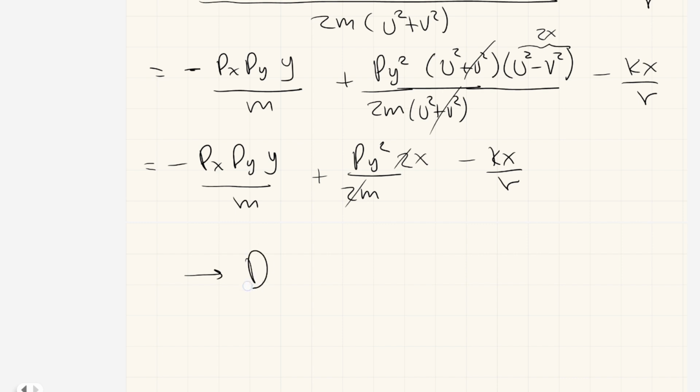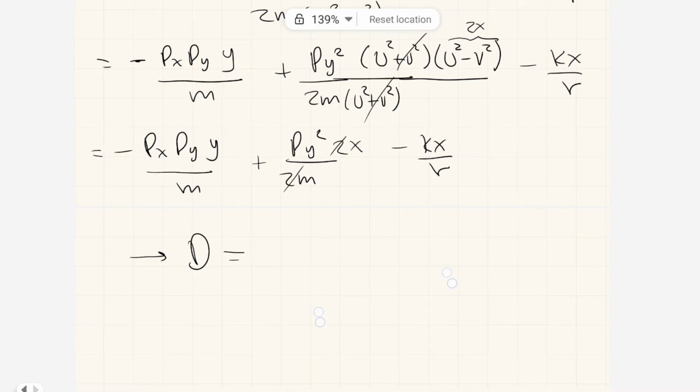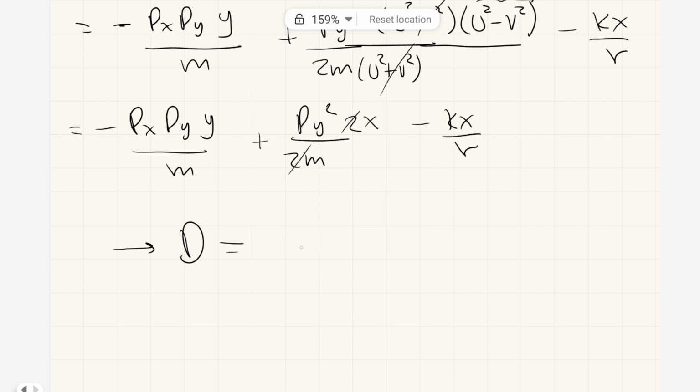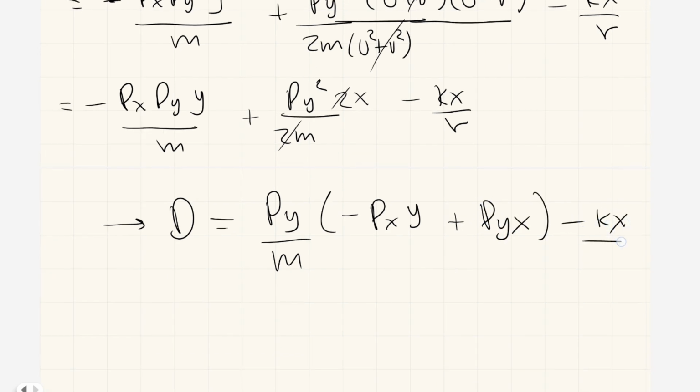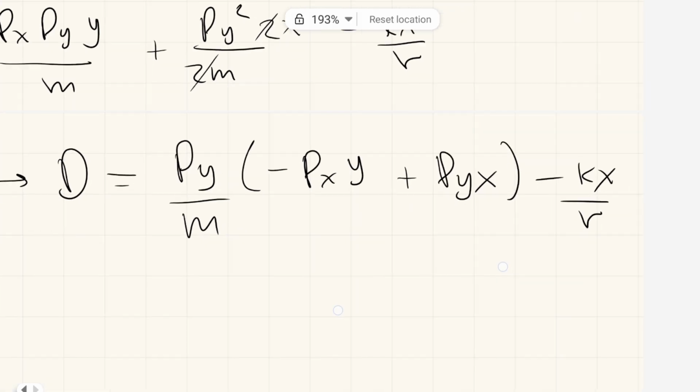So again, d, which is the thing that we were calculating, don't forget, it is going to be equal to, okay, let me factor a py, and this would be minus px y. Let me factor again 1 over m plus py x, okay, minus kx divided by r. As you can identify, this is the z component of the angular momentum.